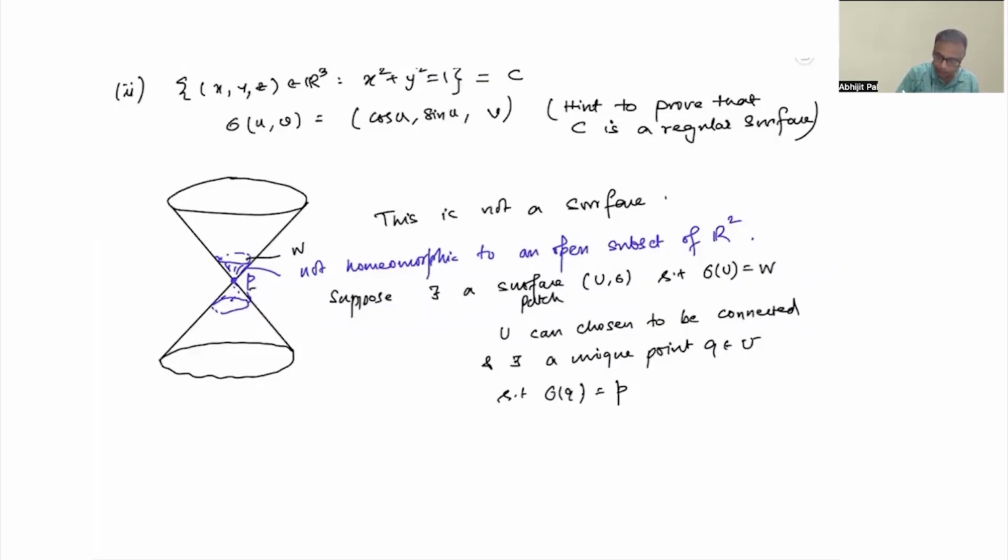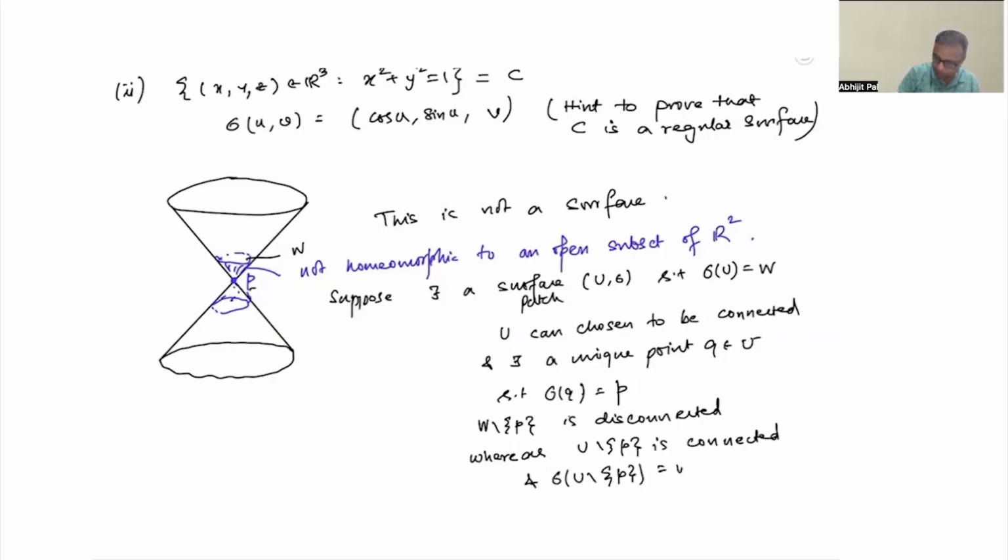Okay, and so W minus this point P is disconnected, whereas U minus q is connected, and sigma of U minus q is equal to W minus P. So U minus q is connected and W minus P is disconnected.